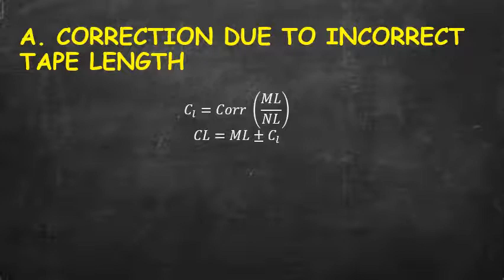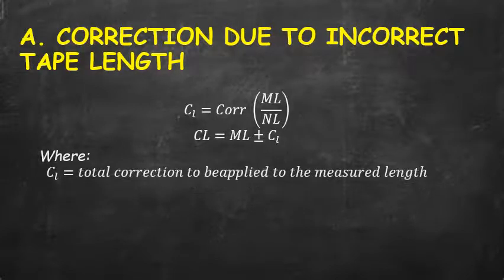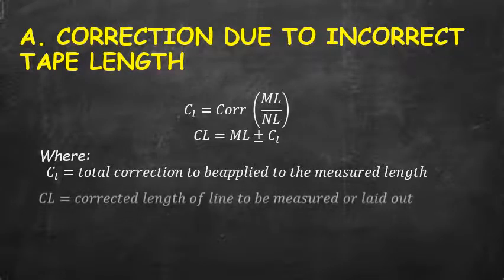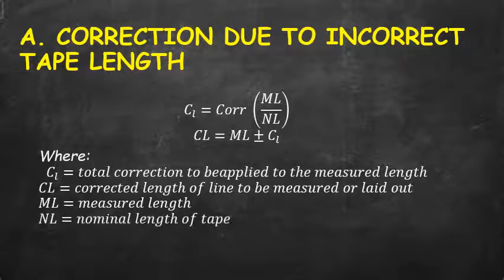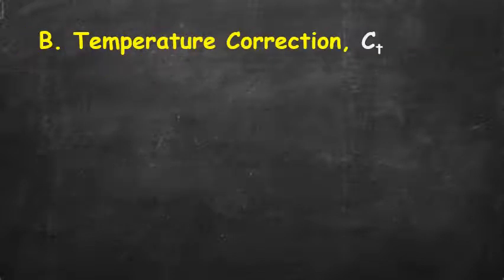So, plus or minus C sub L. Where C sub L is the total correction to be applied to the measured length. The CL is the corrected length, yung na-correct na natin na length ng line to be measured or laid out. Yung ML natin again is the measured length, and NL is the nominal length of the tape.